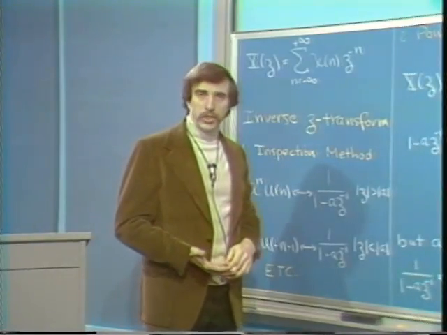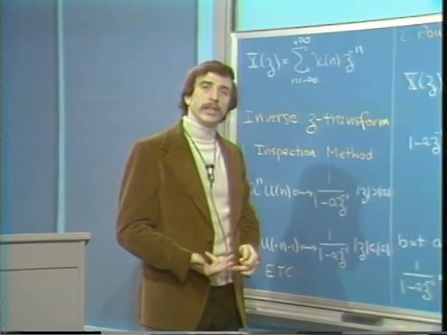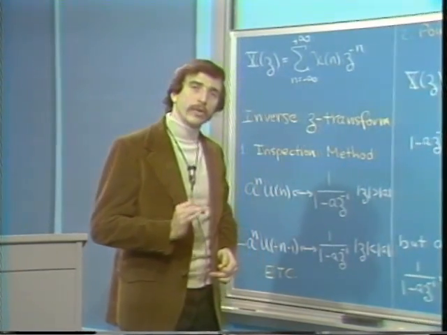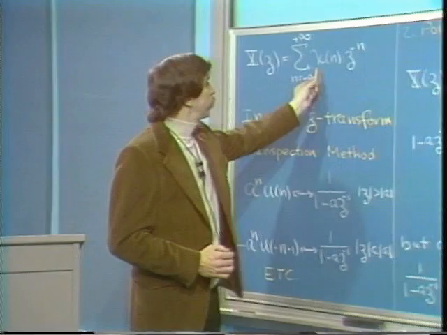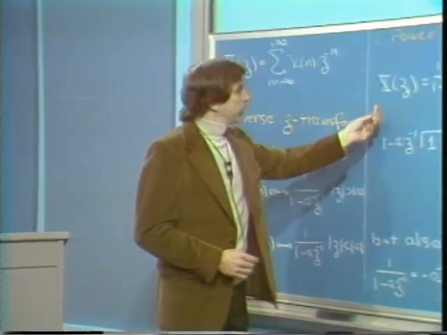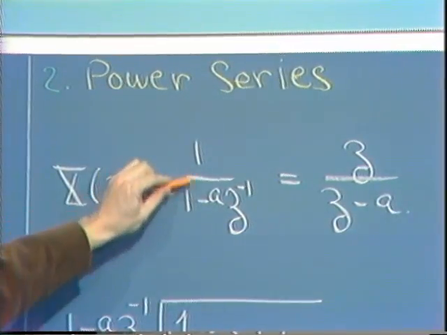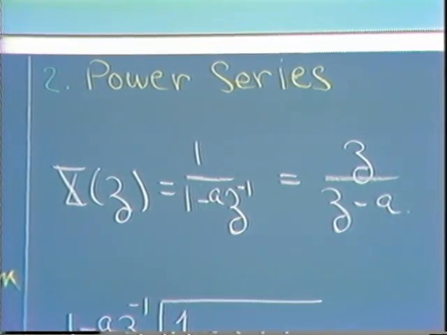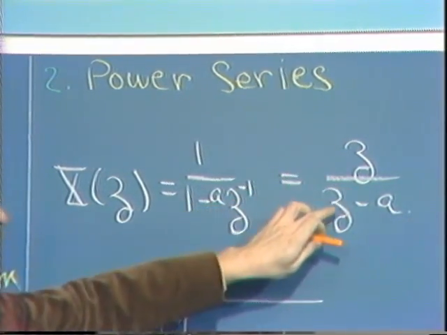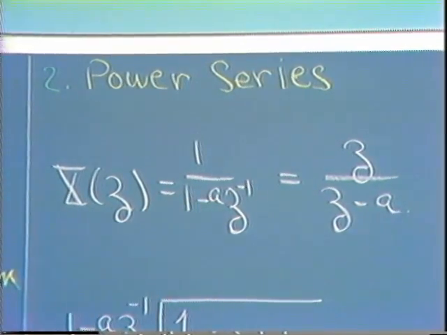Consequently, given a Z-transform, if we can expand it in terms of powers of z, then we can pick off the coefficients in that expansion as values of the sequence x[n]. For example, let's take the Z-transform X(z), which is 1 over 1 minus a z to the minus 1, or we can rewrite it as z over z minus a. Now, this, of course, is a Z-transform whose inverse we know how to compute by inspection.